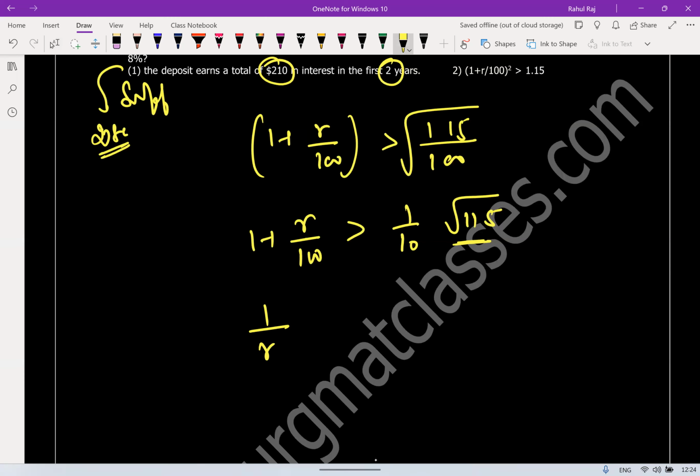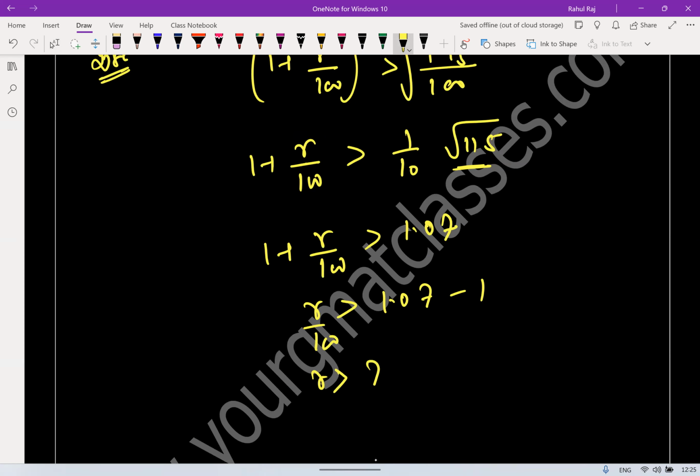1 plus R by 100 is greater than 1 by 10 into 10.7. That becomes 1.07. And that is nothing but R by 100 is greater than 1.07 minus 1, that is R is greater than 7%.